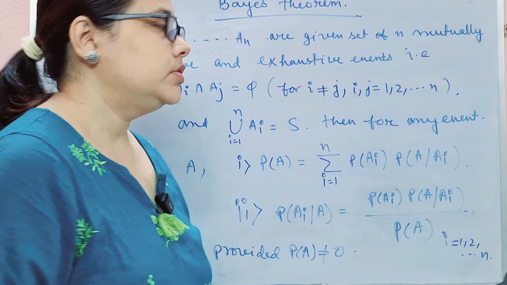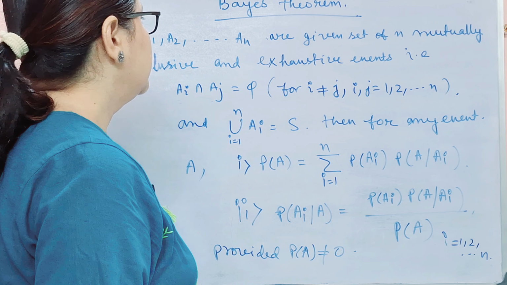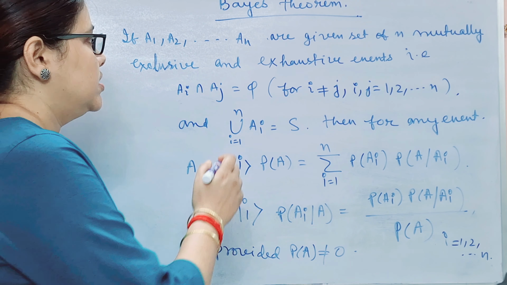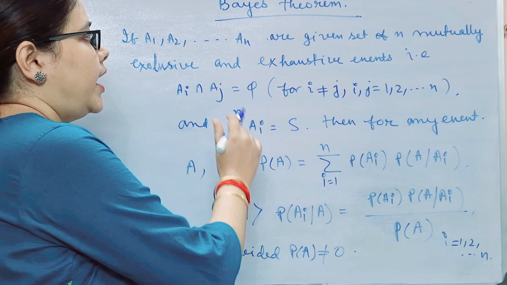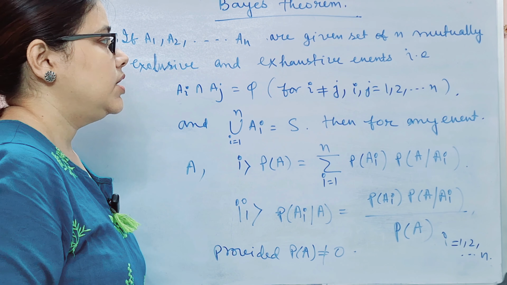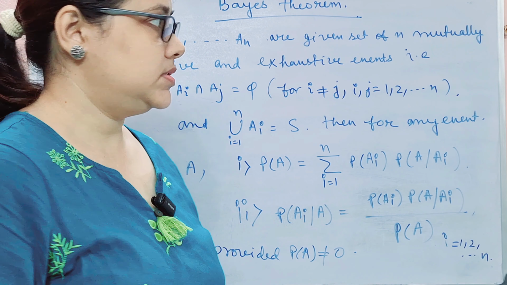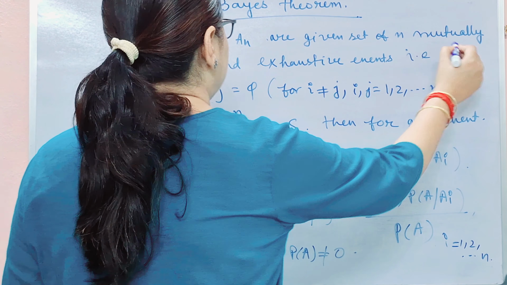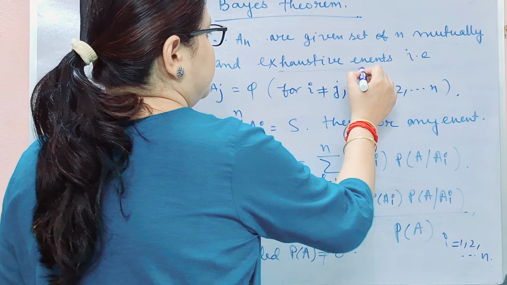So I am coming to the statement of Bayes theorem. There will be n events A1, A2, ..., An, and these n events will have two properties. These n events will be mutually exclusive and exhaustive events.